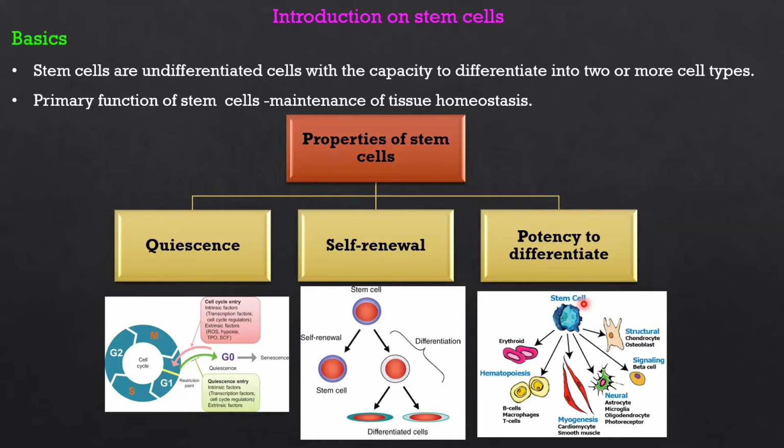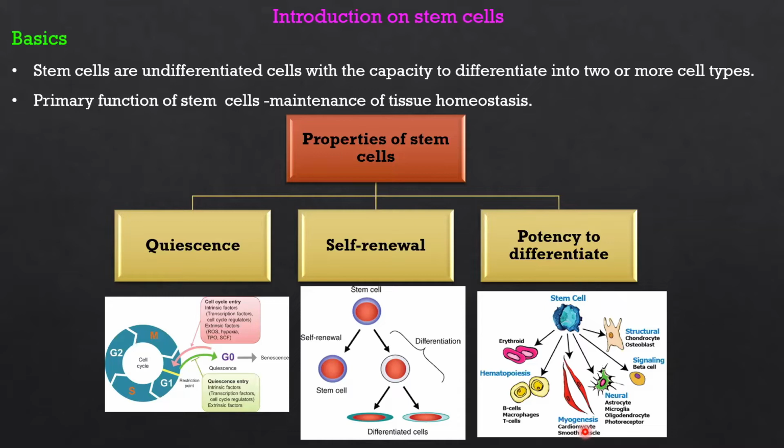So it has the potency to divide into two or more cell types. So let us have it two or more here. So a stem cell could become a blood cell, or it could become a chondrocyte, it could become a beta cell, neural cell, or it could be a myogenic one, muscle cell, etc.